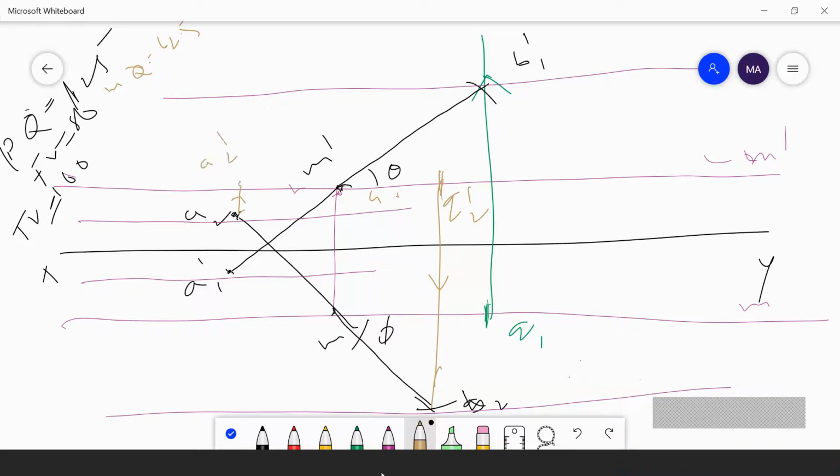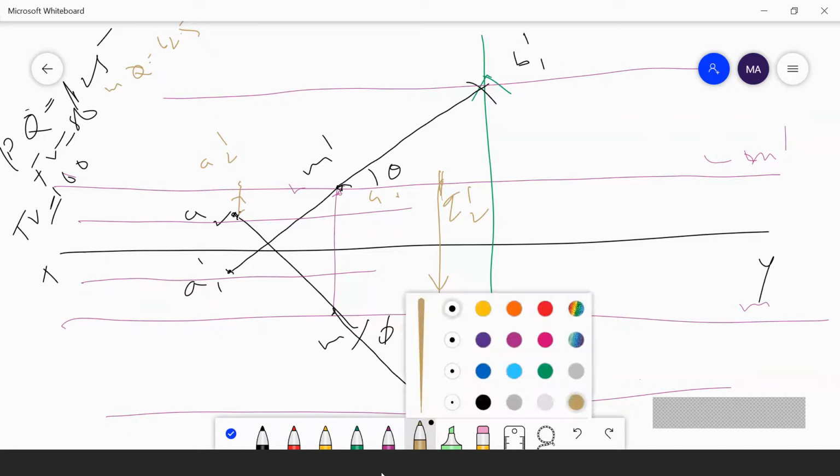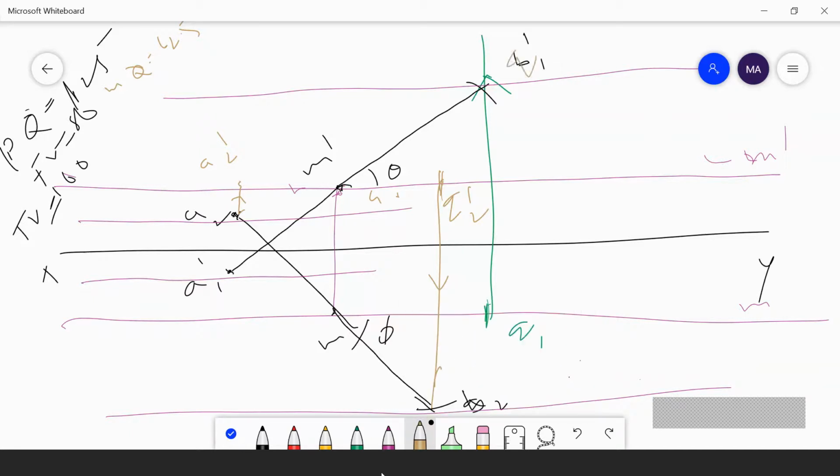You can mark directly as well. Here I have marked Q2 dash. Okay, I will change the notation. This one is Q1 dash. This one is Q2. Oh, sorry. This one will be Q1 dash.